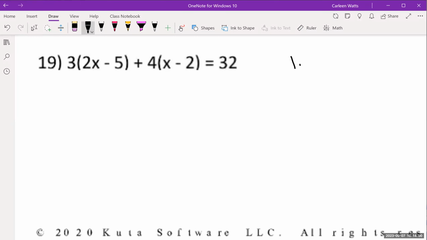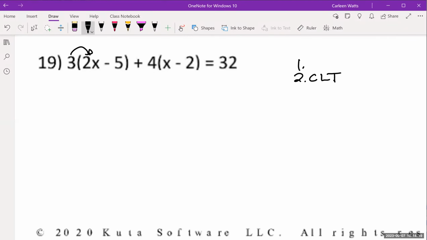Okay. Step 2, combine like terms. Can anyone tell me what step 1 is? Ding, ding, ding.